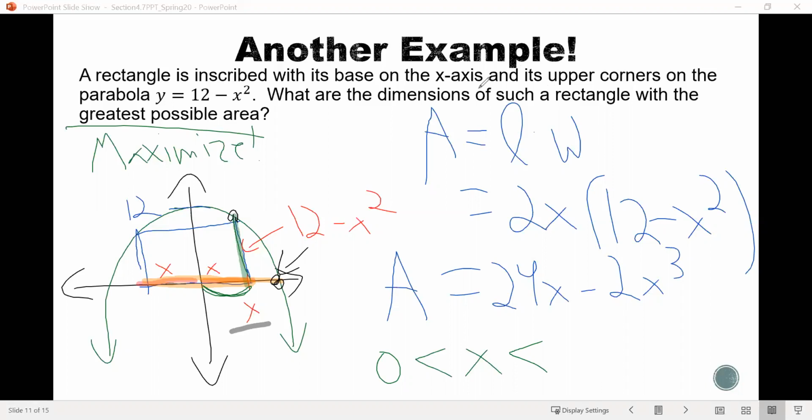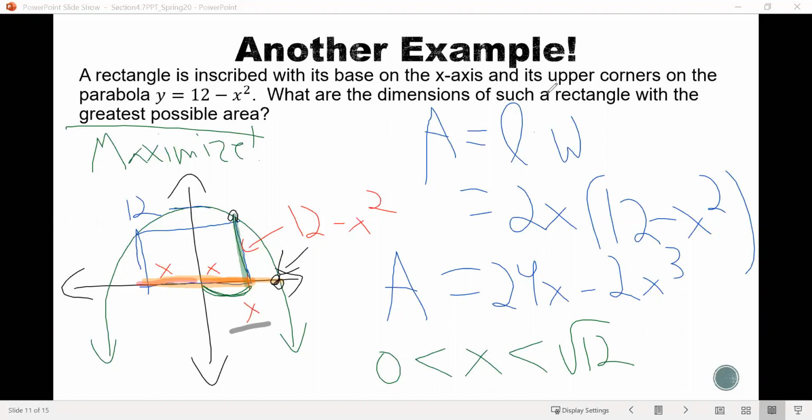And how could we find that point? We could take the formula for the parabola, set it equal to 0, and solve for x. And if we do that, you would find that number there is square root of 12, or 2 root 3, as the max value that x could have. Okay?